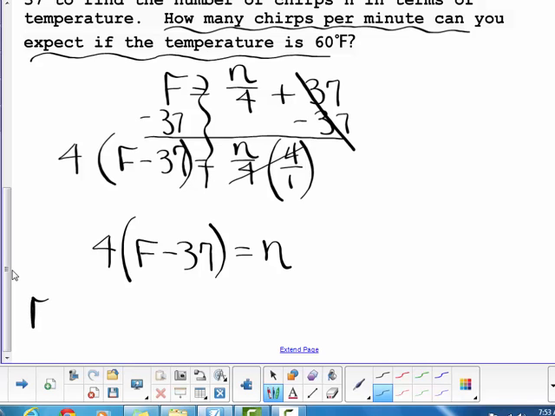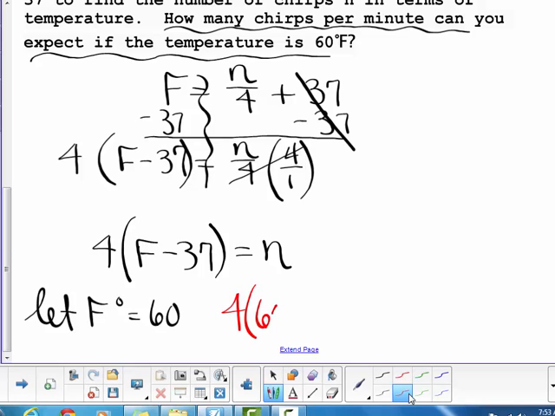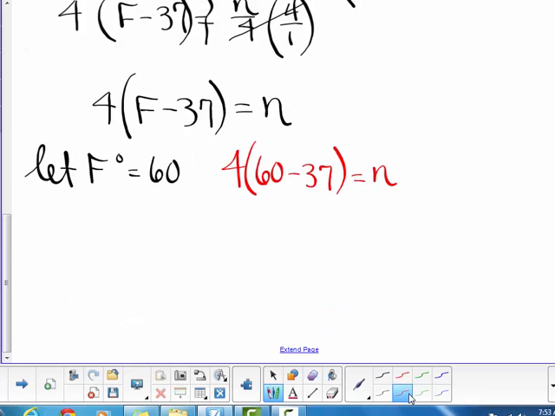So now I'm going to let F equal 60 degrees. So let the temperature in degrees Fahrenheit equal 60. Basically, I'm just going to plug it in. 4 times the quantity 60 minus 37 equals N, the number of chirps. 60 minus 37 is 23.